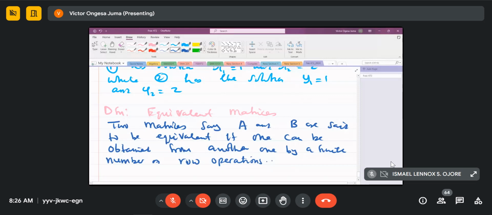So those row operations are like you adding 2 rows, you can subtract 2 rows, you can add 1 row to a multiple of another row, and so on. So basically, the aim here is you try to reduce your system from A, where B in our case will always be upper triangular. That's a Gaussian elimination method. You are reducing a matrix from the normal matrix to an upper triangular matrix.